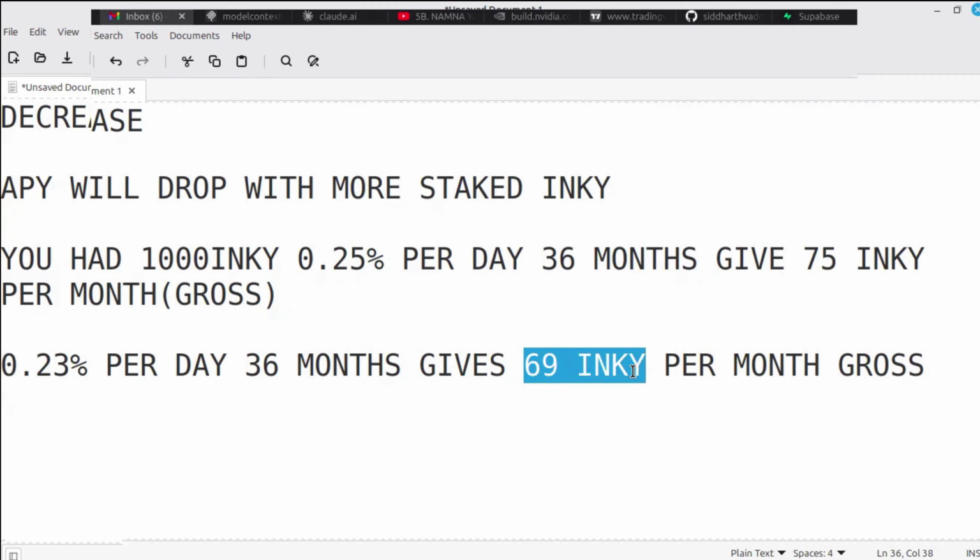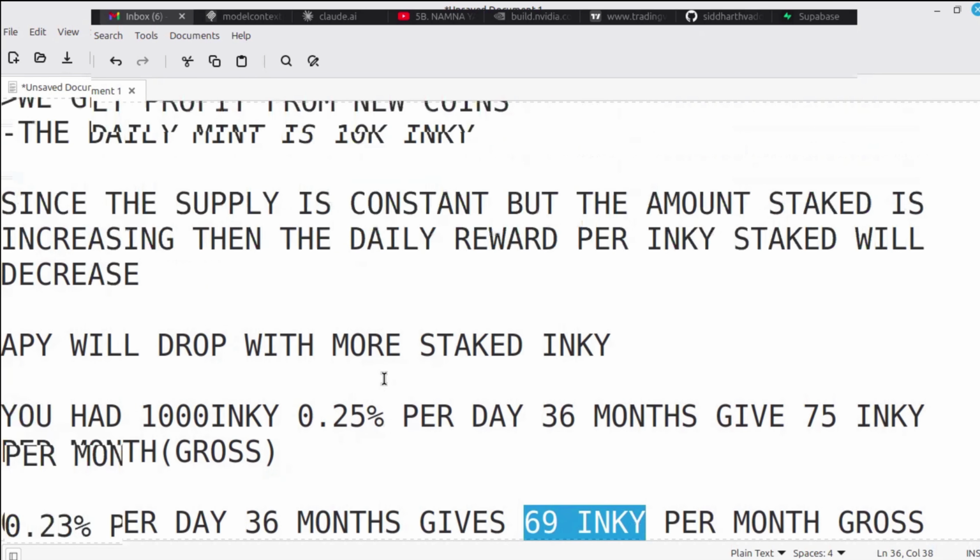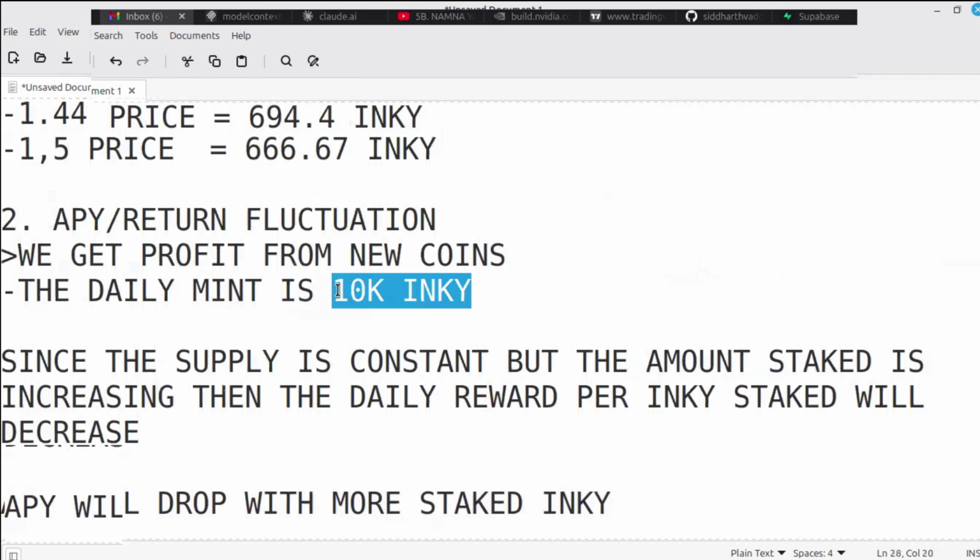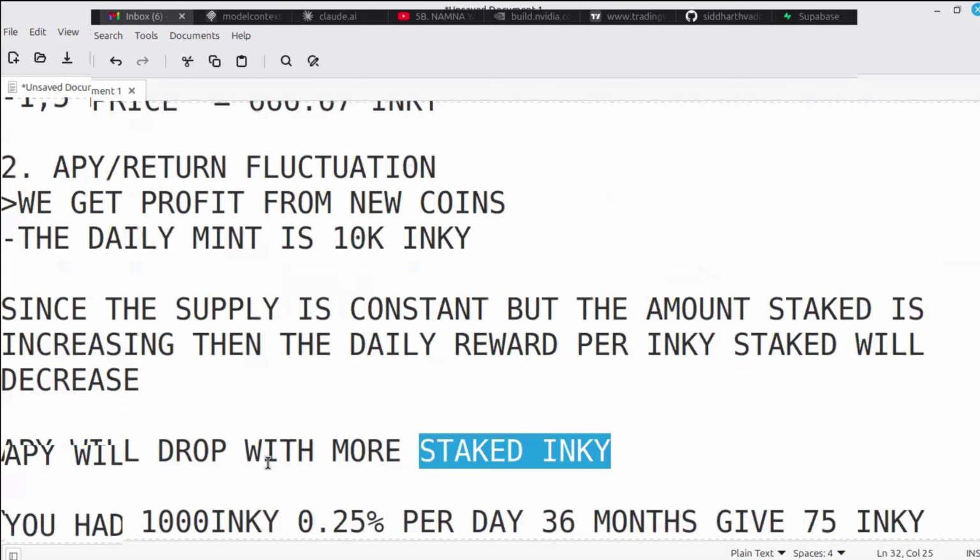It's not because the business has not performed, but because more people are coming into the business and staking. As more staked amount is coming in, and only 10,000 coins are there to be divided, the APY will drop.